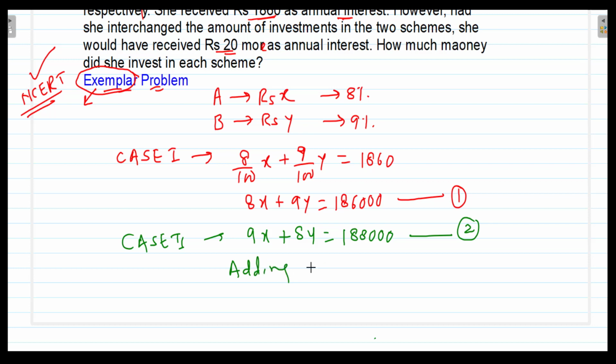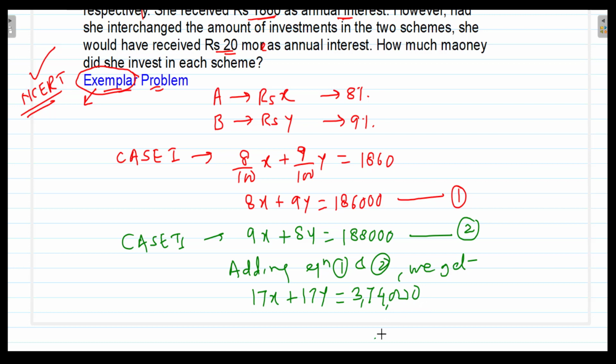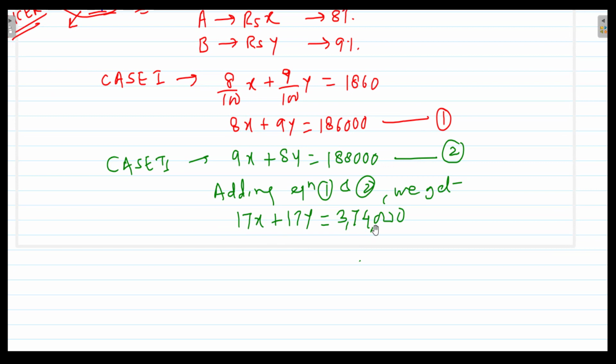Adding, we get 8x plus 9x, that will be 17x, plus 9y plus 8y, that is 17y, and that is equal to 1,86,000 plus 1,88,000, that will be 3,74,000.